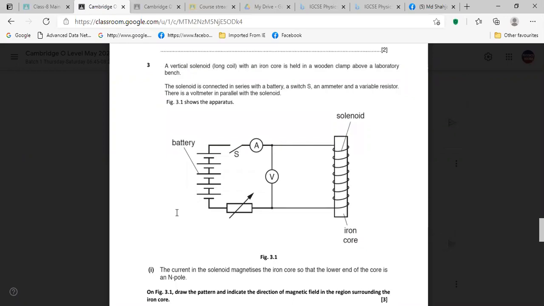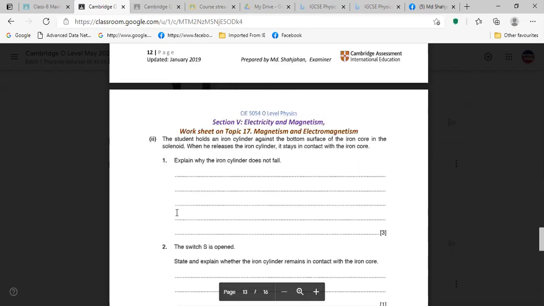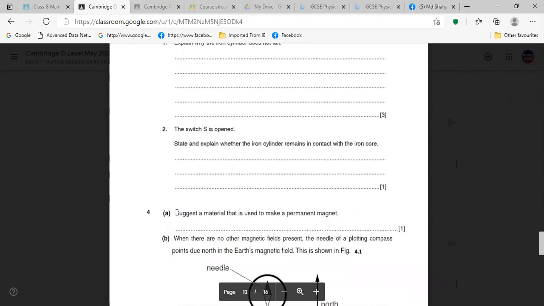The condition is removed, so it is a temporary magnet. And if this one is losing its magnetism, iron cylinder also loses its magnetism, right? That's why it will drop, right? Iron cylinder will drop down, right?